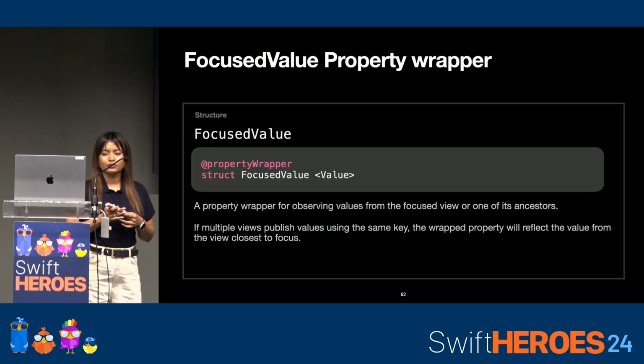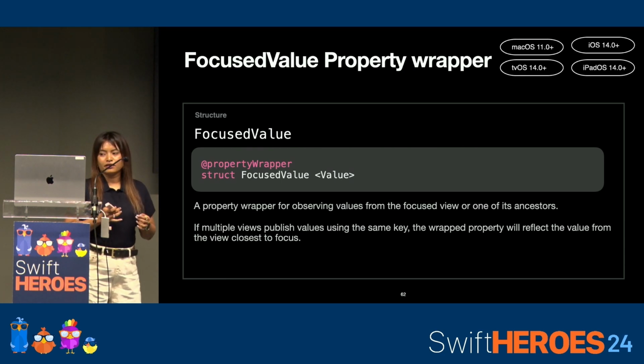So this is a new one, and this basically is meant for observing values that are supplied by focused views. So it's a slightly more complicated approach, but it is more flexible, and in complex layouts, it really works well. This is supported from version 14, so no issues in using this.